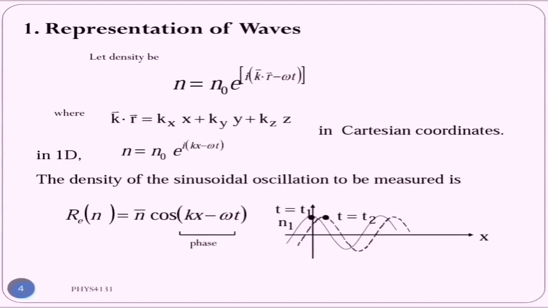In one dimension, the density can be written as n equals n naught e to the power i(kx minus omega t).